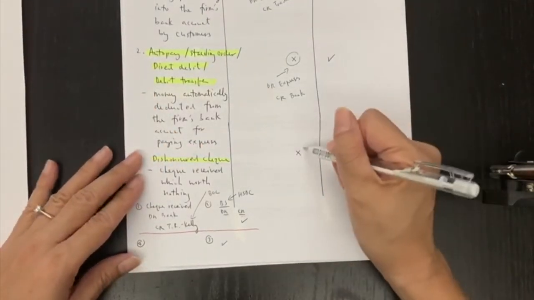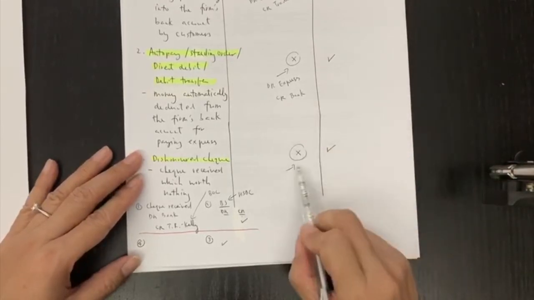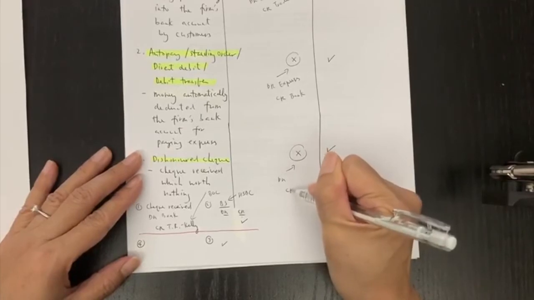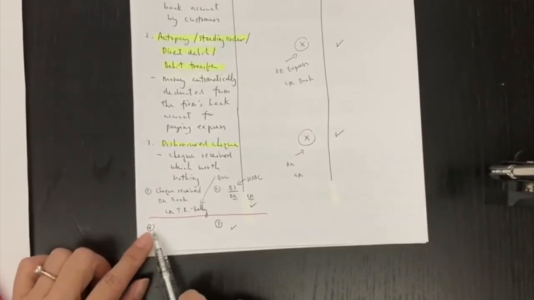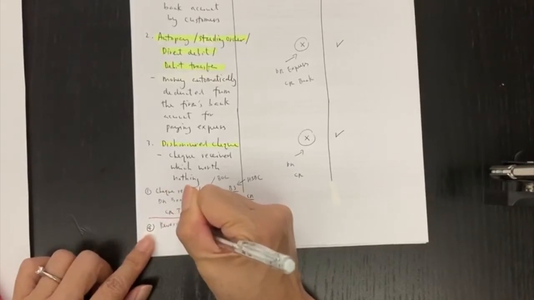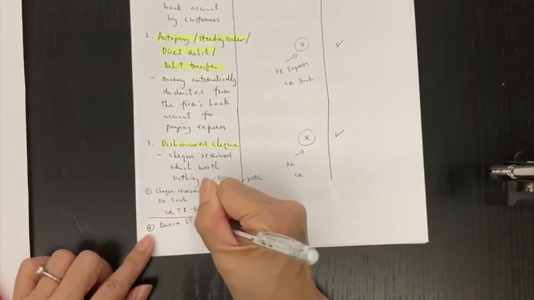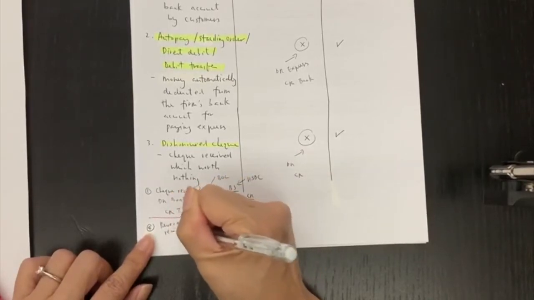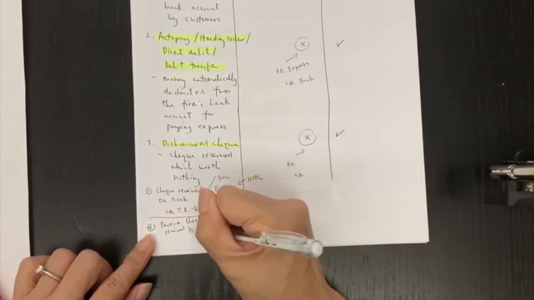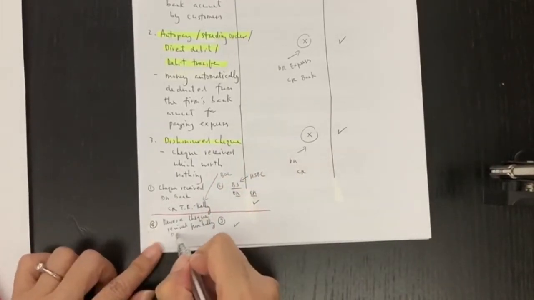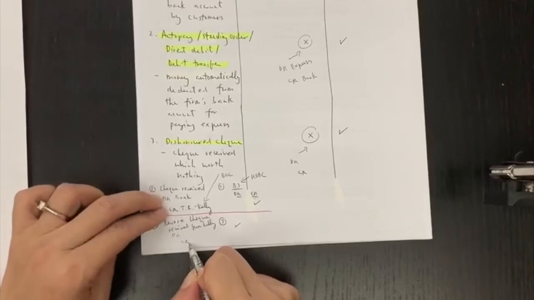So what will be the transaction later to adjust this? Okay, since the check received is worth nothing, we need to reverse the check received from Kelly. Okay, so therefore the double entry will be opposite to step number 1.